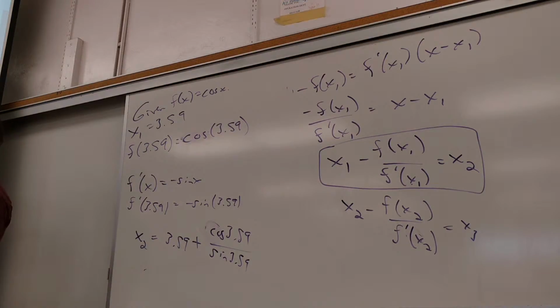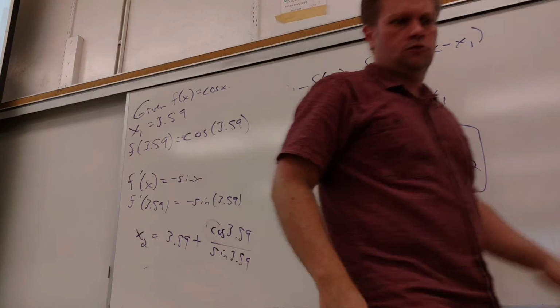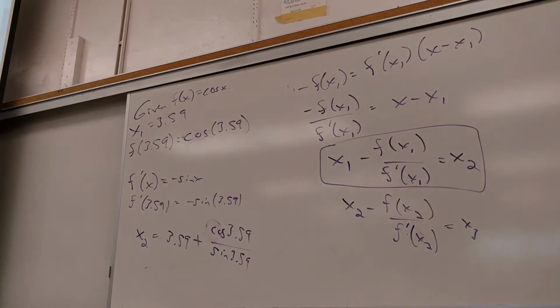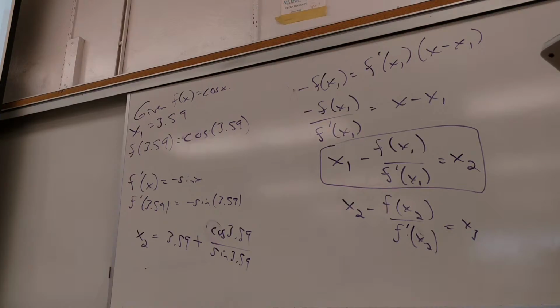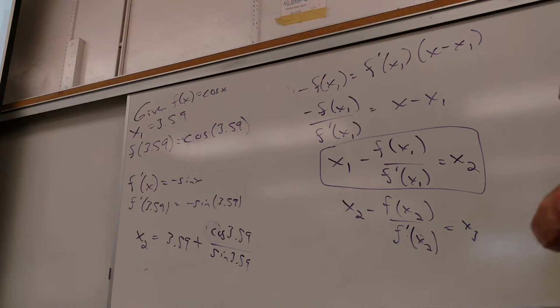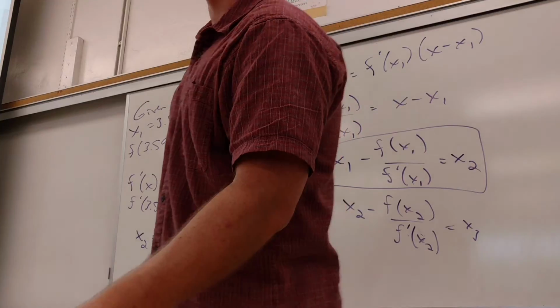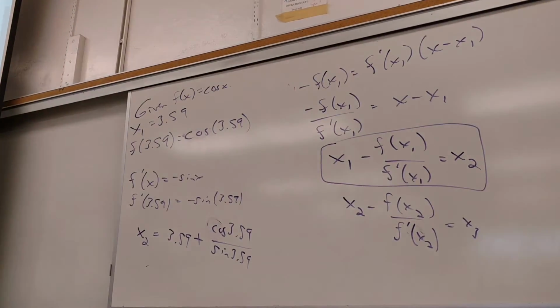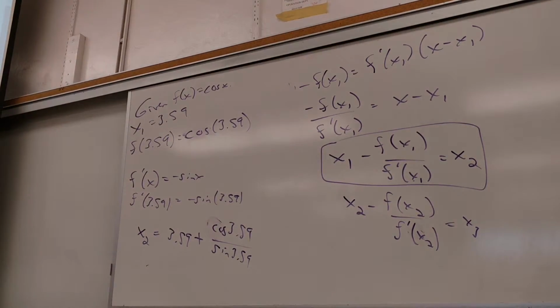Let's see if we get what they got for their second guess. All right, cool. What did you guys get? 5.66. And what was their second guess? 5.66. So that's where they got it from.